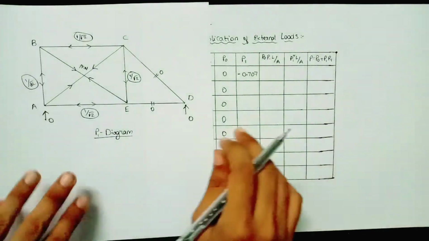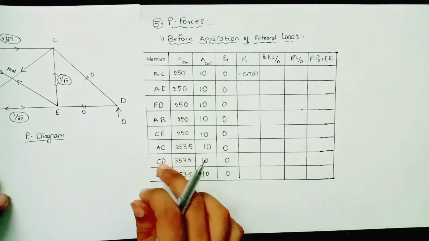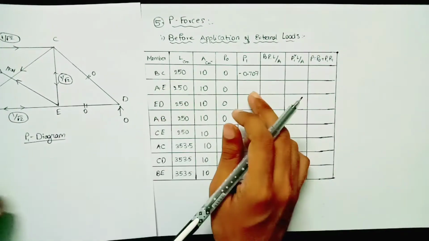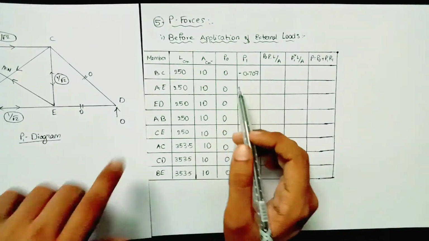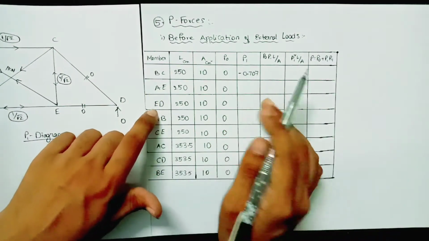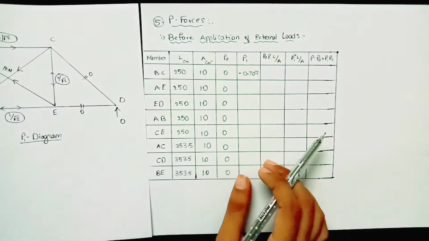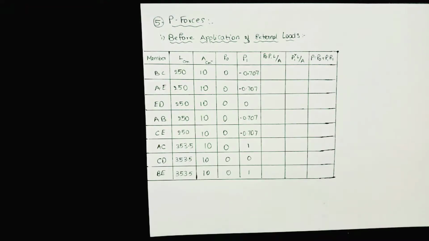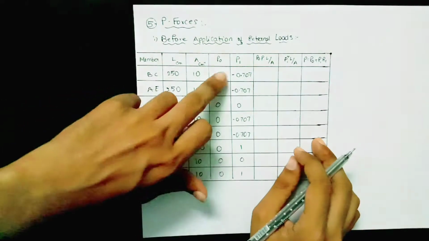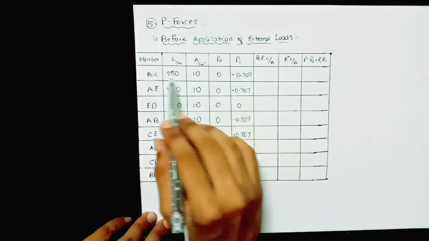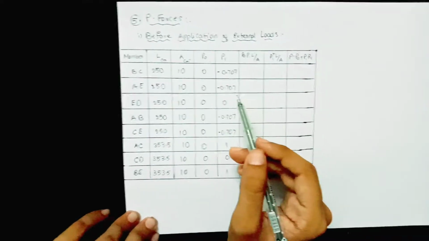Similarly, I will place it for all the members in this column. The P1 force in the member AE, the P1 force in the member ED. Similarly, fill all these columns. Now I have written all the P1 forces for each member from the P1 diagram.